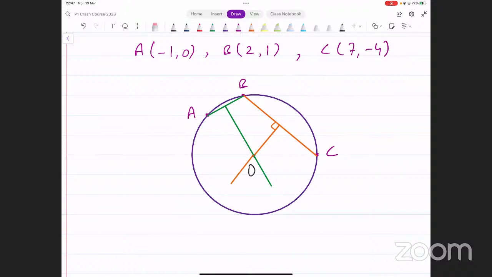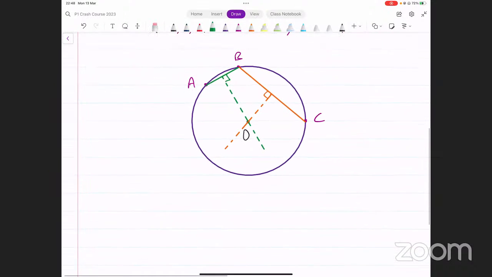So these perpendicular bisectors are both going to pass through the center of the circle like this. So their point of intersection is the center of the circle. All we have to do now is find their equations and then solve them simultaneously. That will give us their point of intersection, and that point of intersection would be the center of the circle.